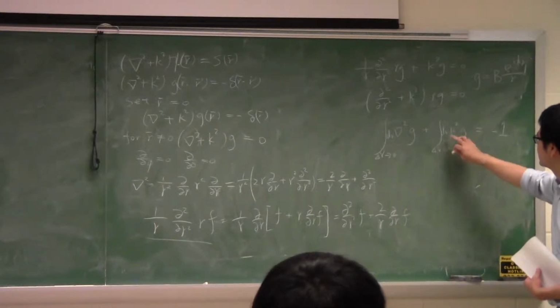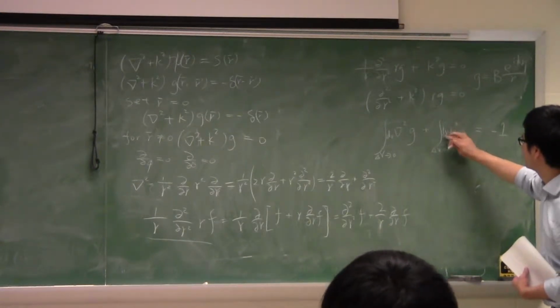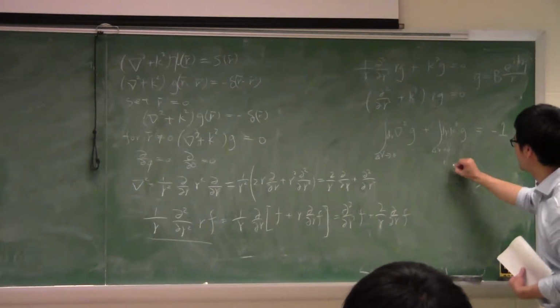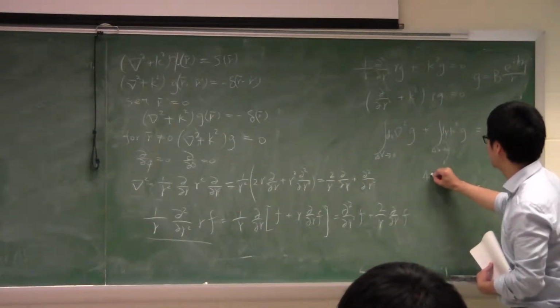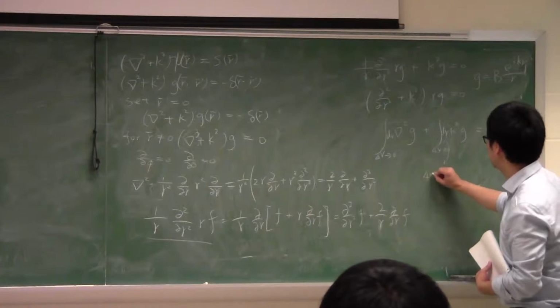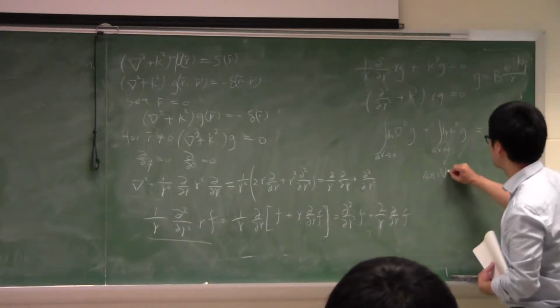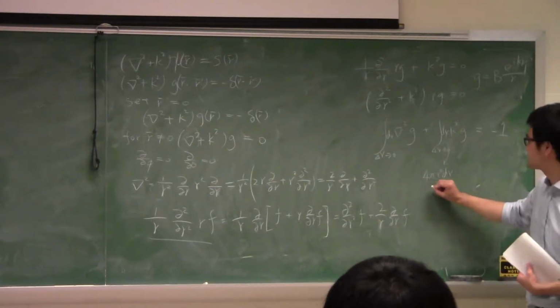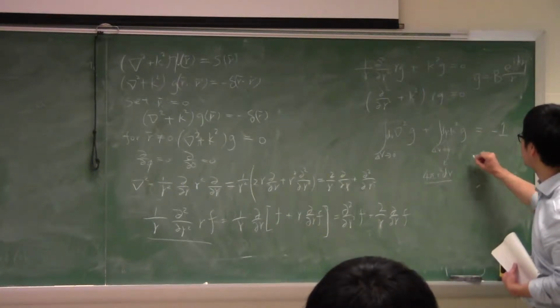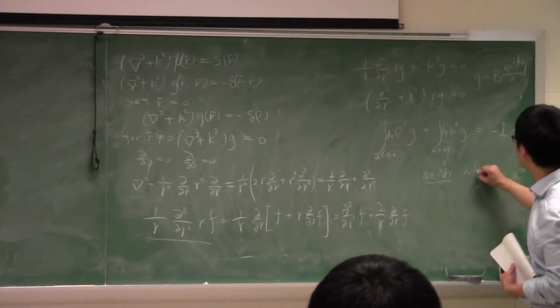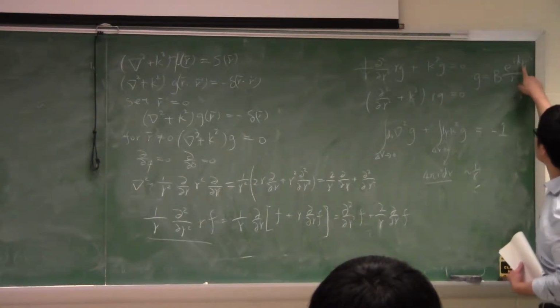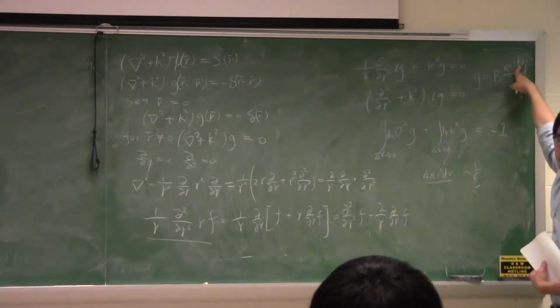When we make this small, we know dV will just become 4 pi r squared dr, right? And this g goes with 1 over r. And this term is just a phase term, so it will still stay at 1.